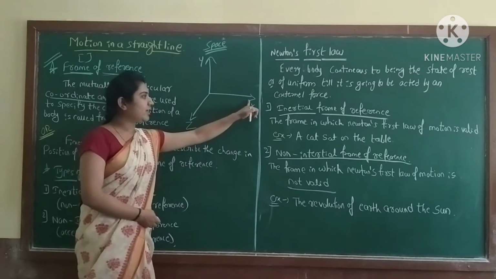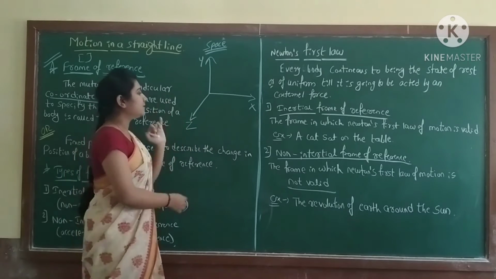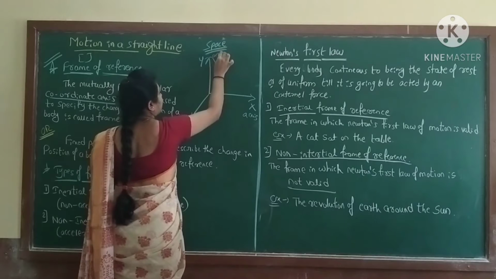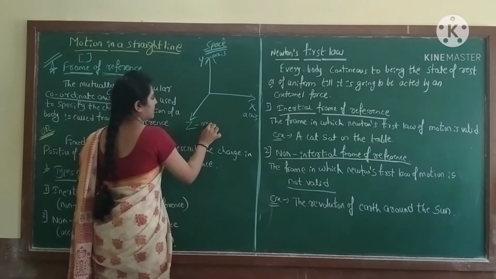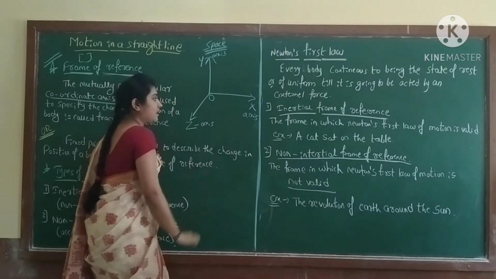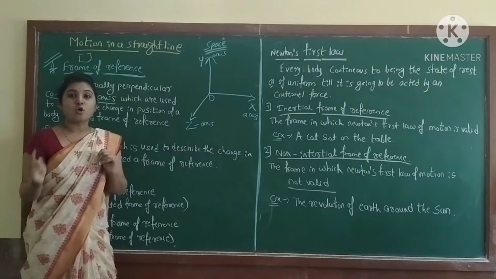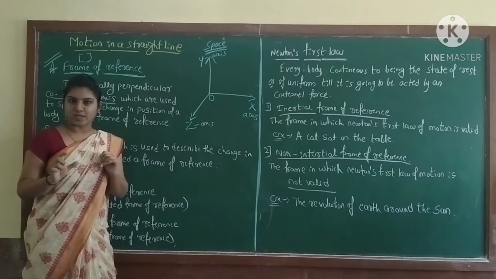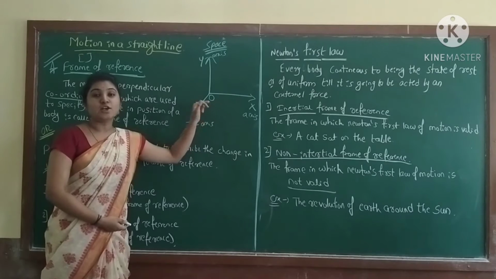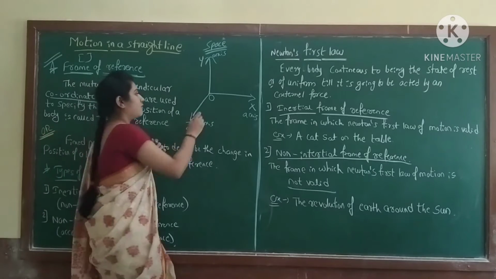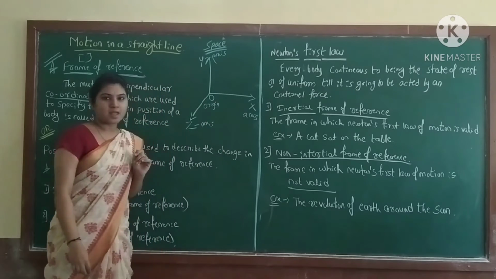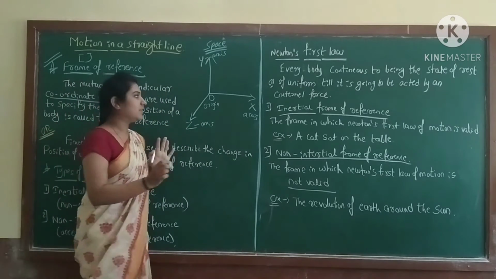This is the x axis, this is the y axis, and this is the z axis. So here this point you take as the origin, O. In Kannada you say central point, that only we call the origin. O-R-I-G-I-N. Understood?